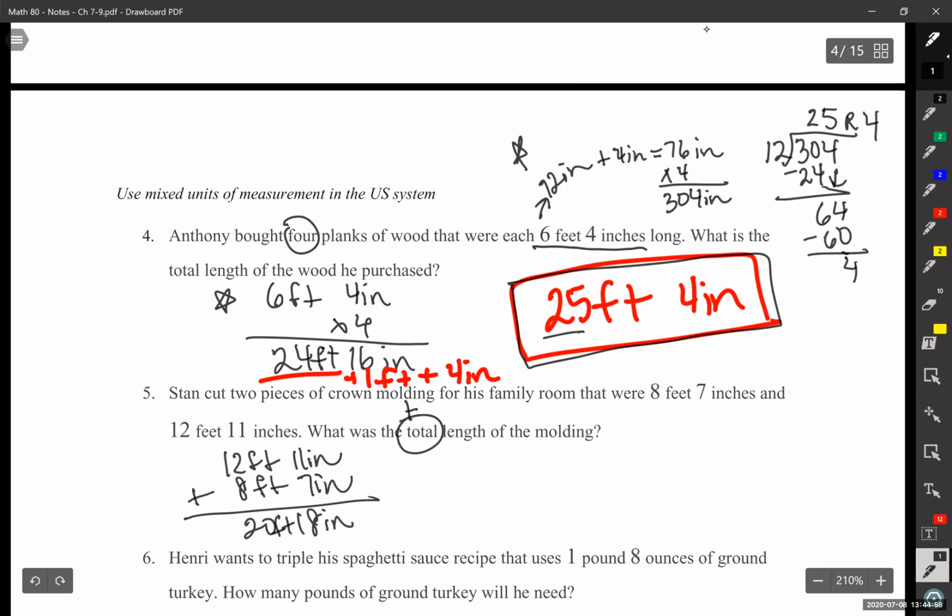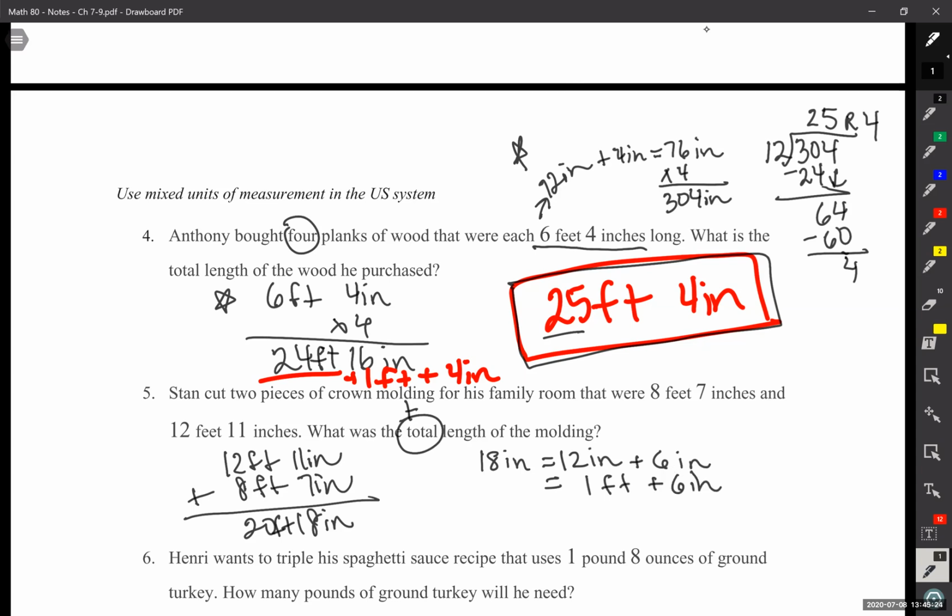But remember, we can't have 18 inches because 18 inches is more than a foot. And so 18 inches is 1 foot plus 6 more. Let me write it out a little better. 18 is 12 inches plus 6 more. So that's going to be 1 foot plus 6 inches.